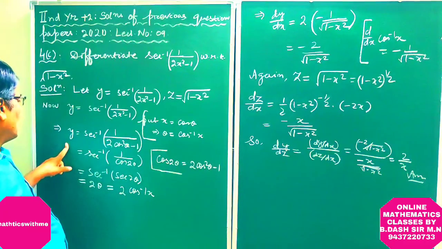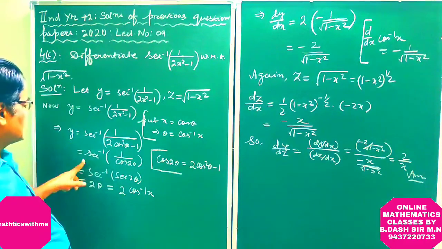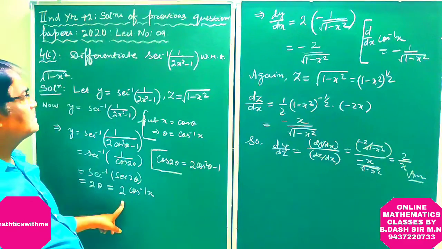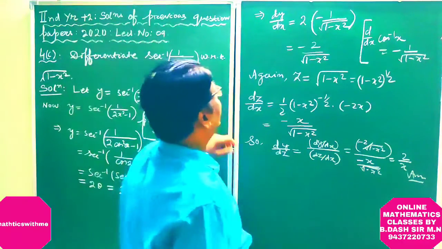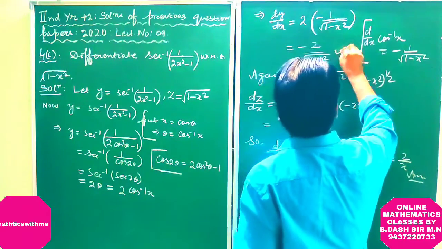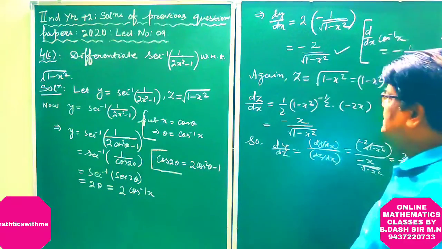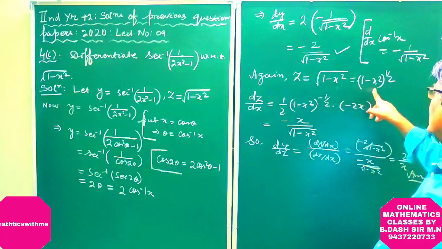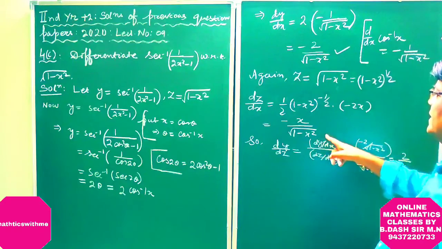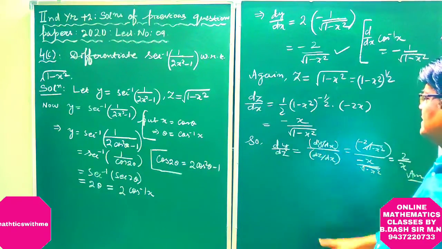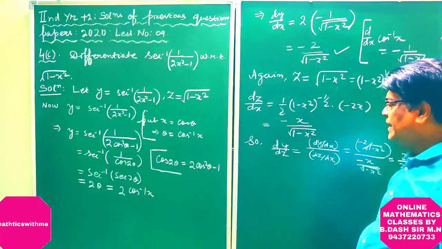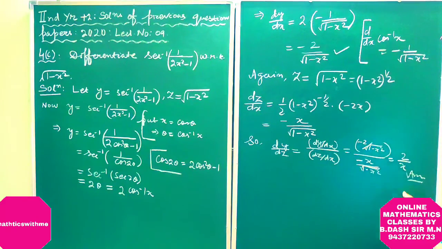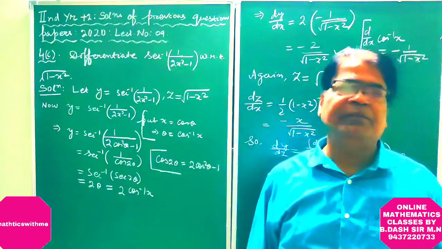After simplification, y is 2 cos inverse x, so dy by dx is minus 2 by √(1 minus x²). z is equal to (1 minus x²) to the power half, and dz by dx is minus x by √(1 minus x²). So we get dy by dz is equal to 2 by x, which is the required answer. With this, our first problem is solved.